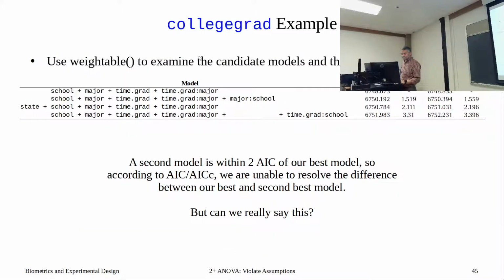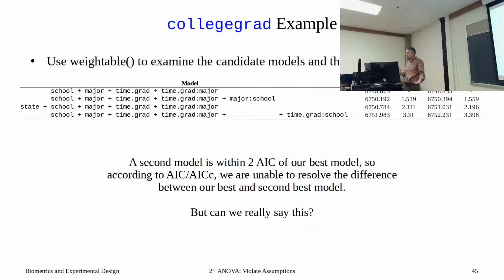How do you present it? Here's one way, and Cameron did report it. You had the table of models, that's what the weight table gave us. The table gave us AIC values or AICc values. So you make a table and list what your variables are.